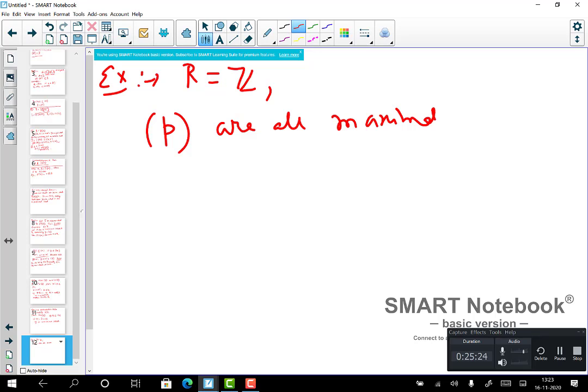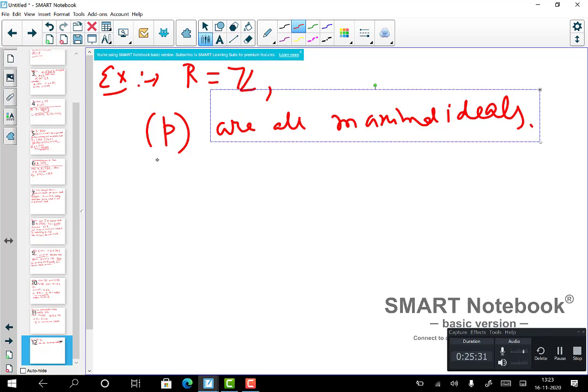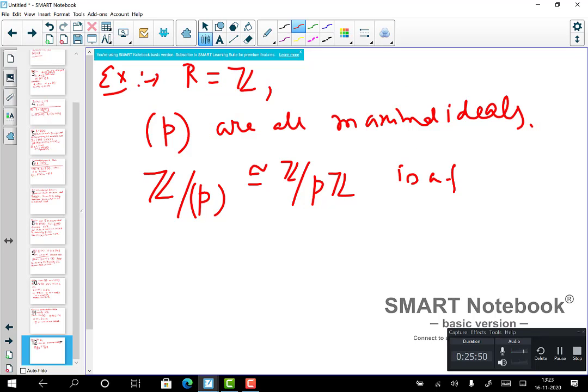If you choose a prime and generate the ideal, they become maximal ideals, right? And you know also the characterization theorem, whatever we proved, that Z mod this is actually a field, and this we call Z mod p, right? It's a field also. Okay, you can also think from this side.